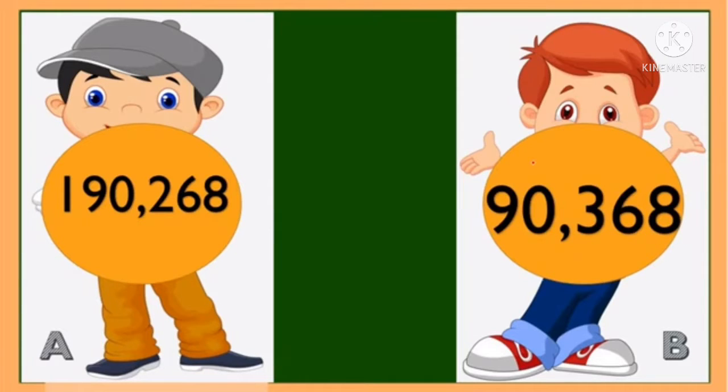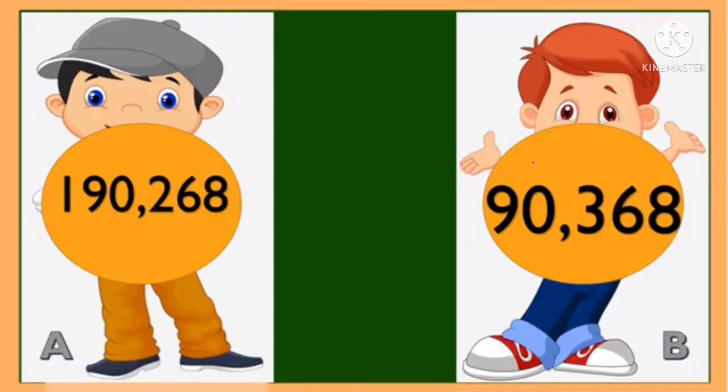So what are those words again? Less than, greater than, and equal. Again, less than, greater than, and equal. Those are the three main words or phrases that we are using to compare numbers.